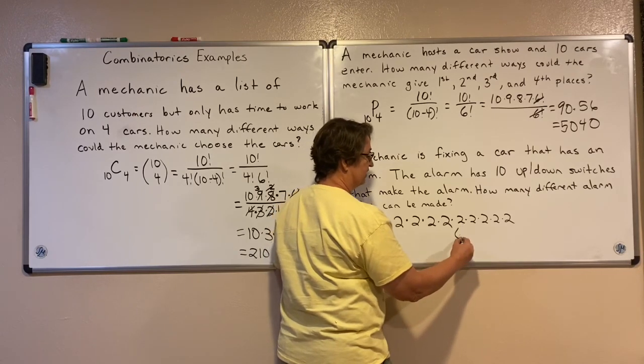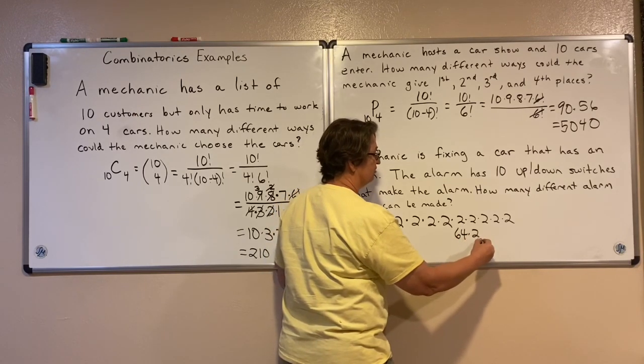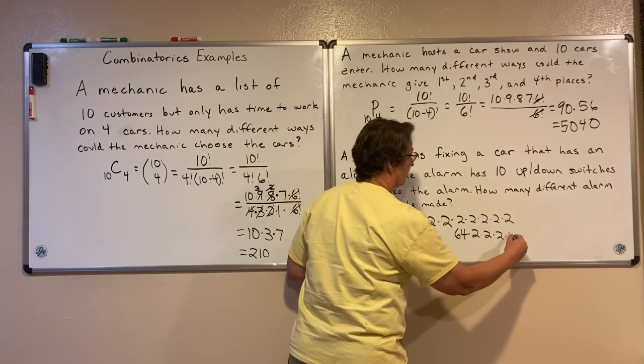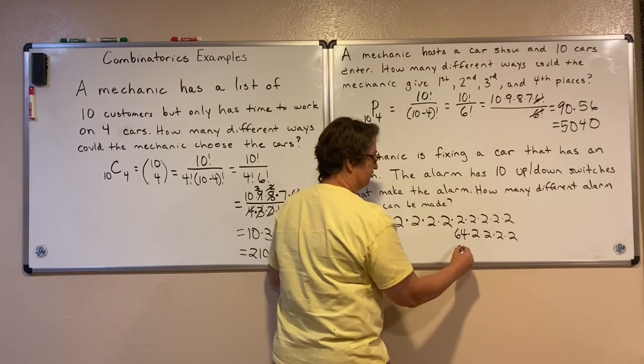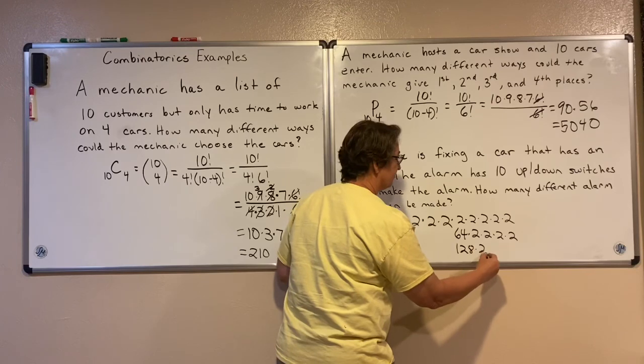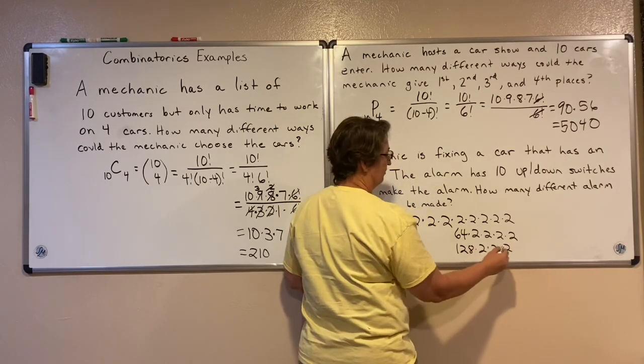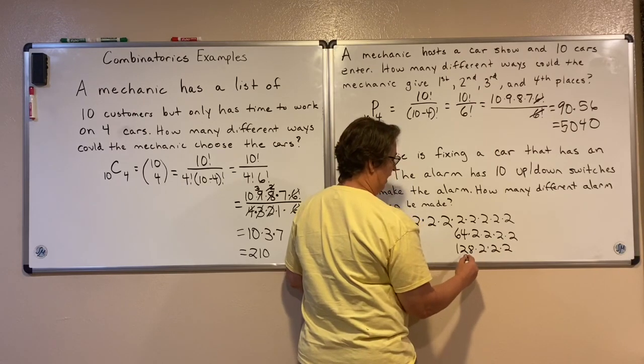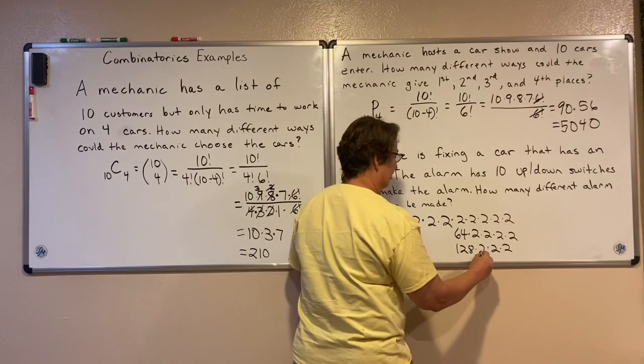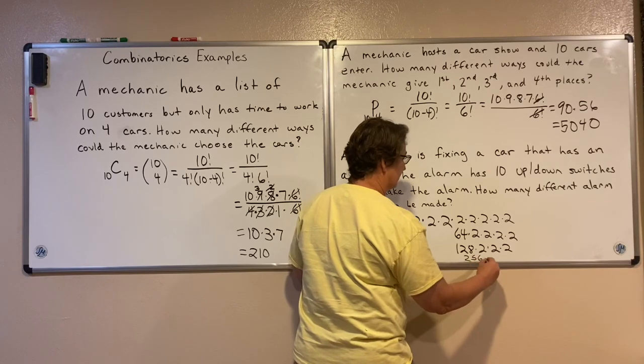64, 64 times 2 is 128, 128 times 2 is 256.